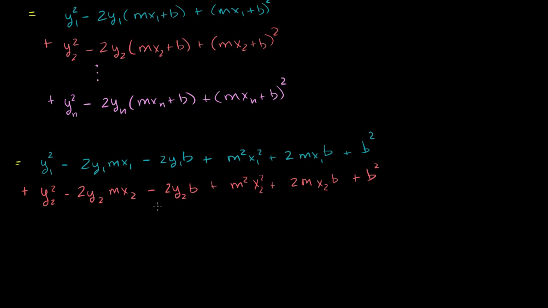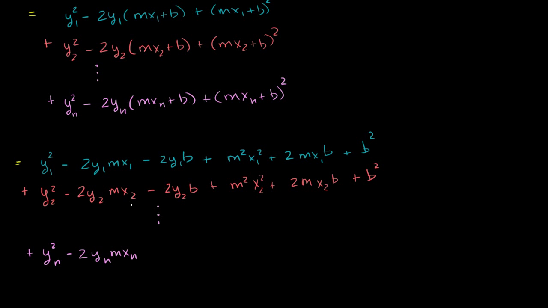All the way until we get to the nth, I guess, color, we should say. So this is going to be yn squared minus 2yn mxn. You don't even have to think, you just have to substitute these with n's now.